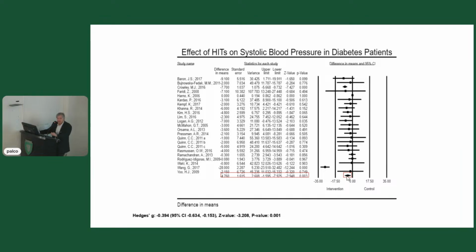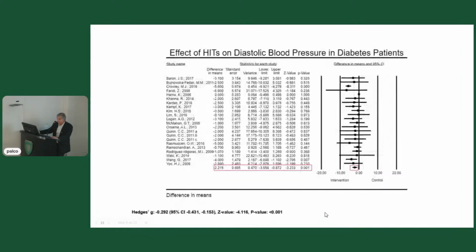And you say, hey, the average reduction is pretty decent. The g says minus 0.39, going from minus 0.6 to minus 0.15. That's systolic blood pressure. Same thing with diastolic. You can see the effect at the bottom.